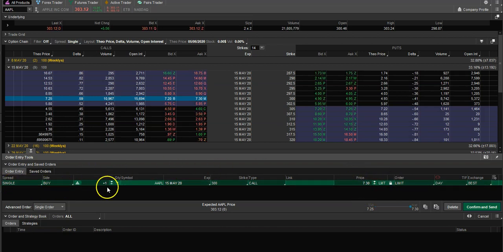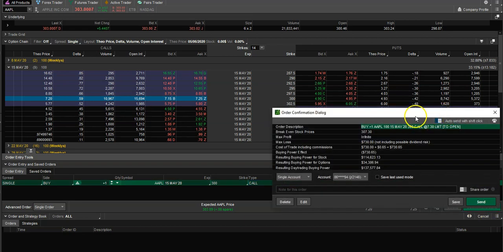Okay, single buy, one contract of Apple, May 15th, 2020. The strike is 300, the call. If we want the put, we would just change it to put, but we're going to do call. And it's $7.30, day, and then the exchange.